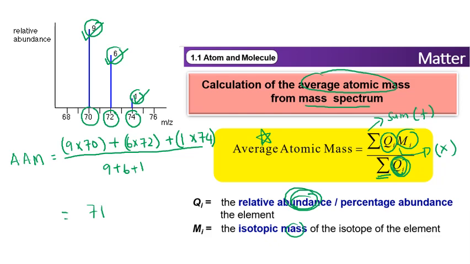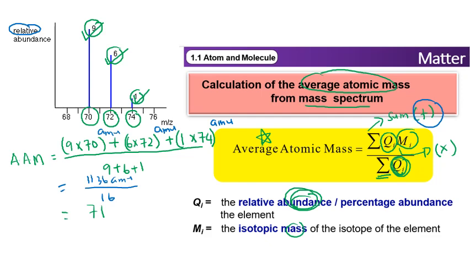Now let's consider the unit, because this is atomic mass, and atomic mass has the unit of AMU. Because the mathematical operation is addition, you total up the mass to get 1136 AMU, and then divide by 16. Abundance has no unit because it is relative abundance.